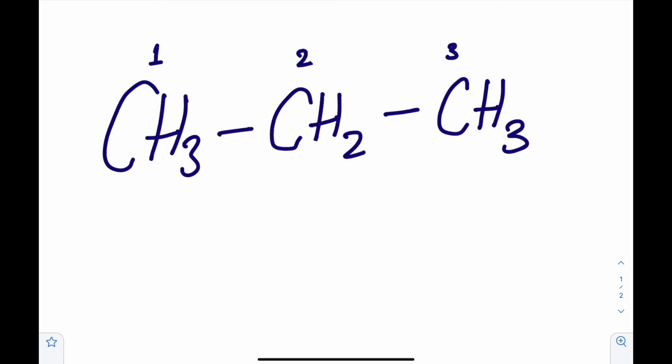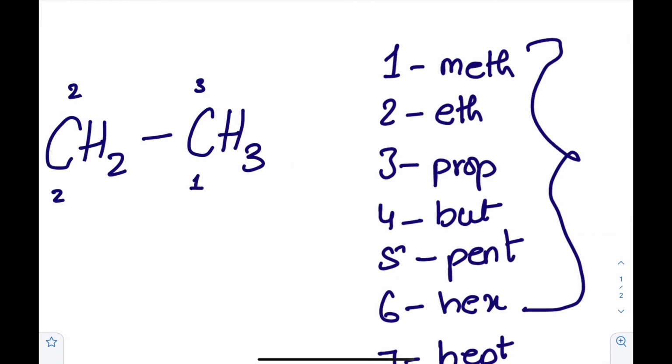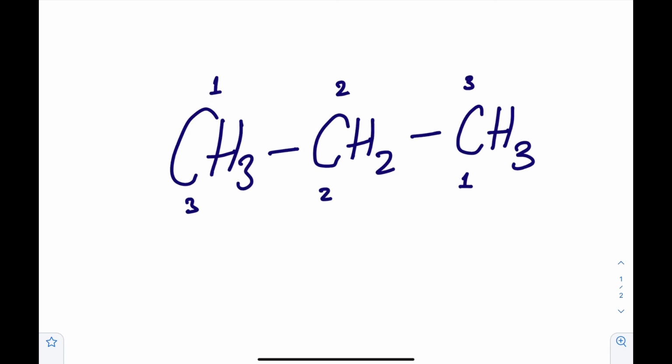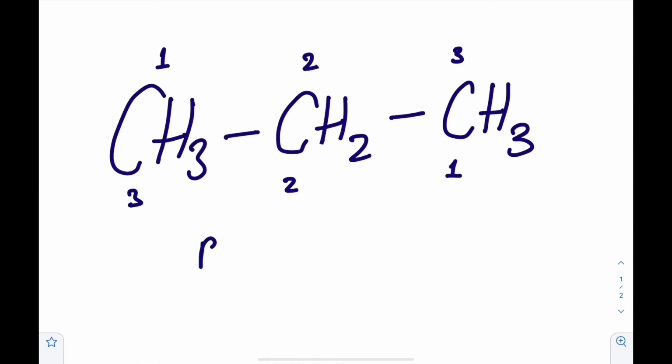It could also be numbered as carbon 1, 2, and 3. Right now, the numbering doesn't matter because we do not have any substitutions on the carbon. Anyhow, because this is 3 carbons, we're going to call it prop, from the prefix. Because this is an alkane, it becomes ane: propane.